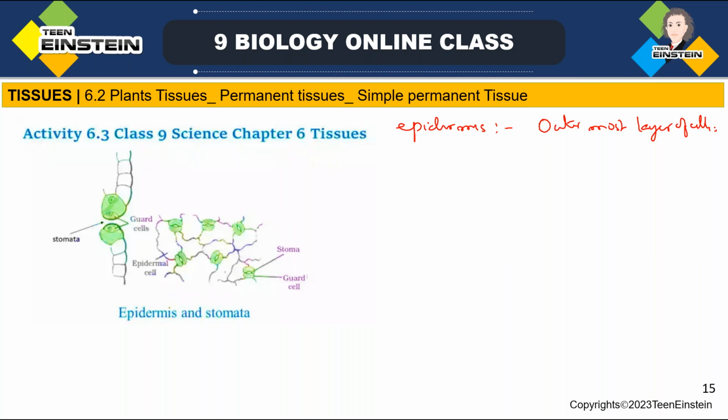In plants of normal conditions, it is usually a single layer of cells. And in desert type plants, you can see multi-layer epidermis also, and that is protecting the entire plant surface.